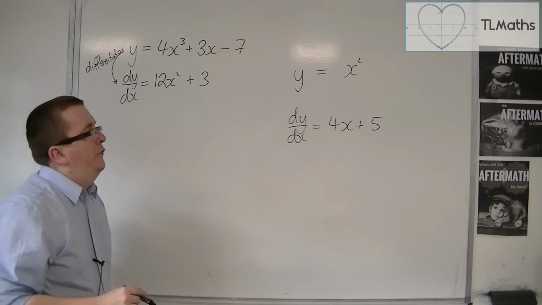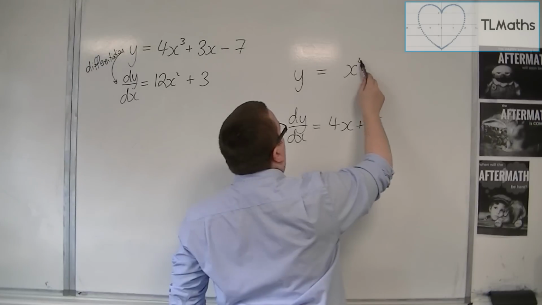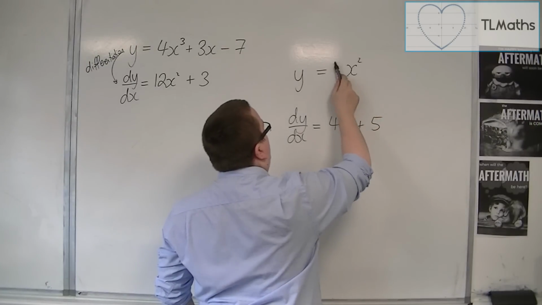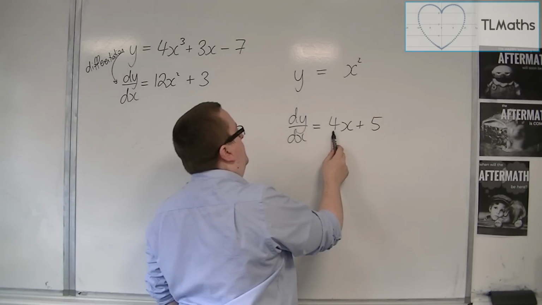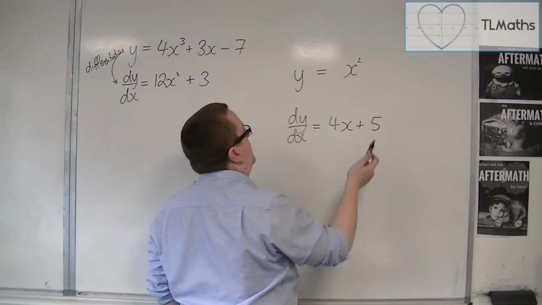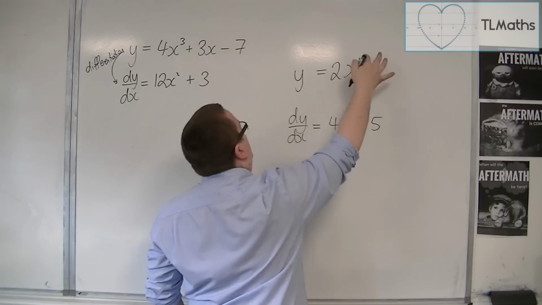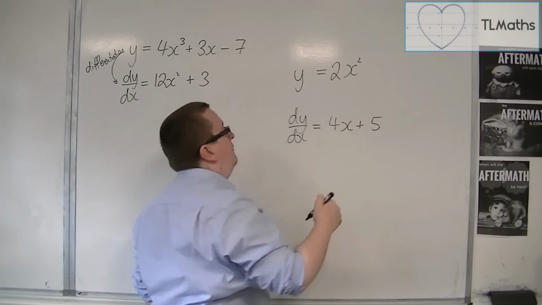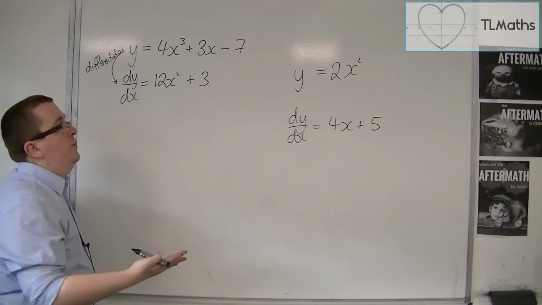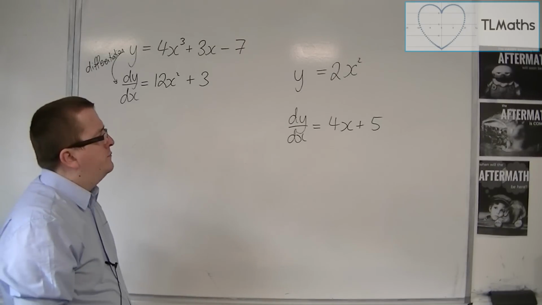Okay? And so when the power came down to the front and multiplied with whatever number was there, I must have got 4 before I then took 1 off the power. So it must have been 2, so that 2 times 2 makes that 4. So y would have to be 2x squared.